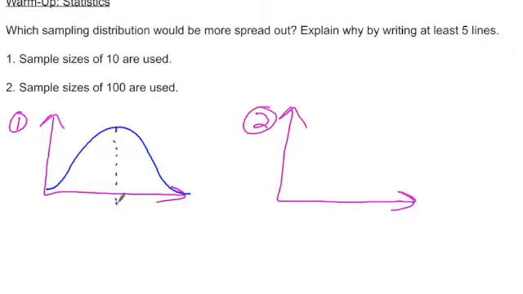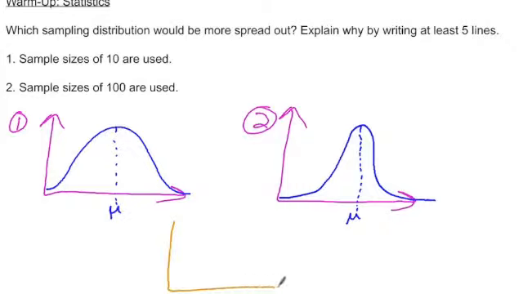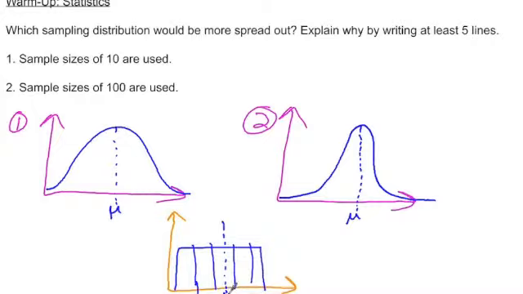Then in number 2, if samples of size 100 are used, we might expect a distribution to look somewhat like this. Again, here's our mean, and those would be the same means. So if, as in the activity we did, we had a uniform distribution where our mean is right here, the means of all of these would be about the same.